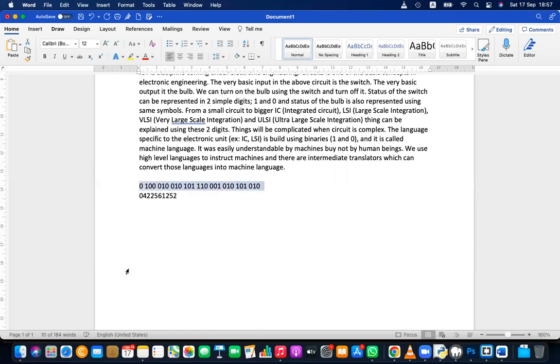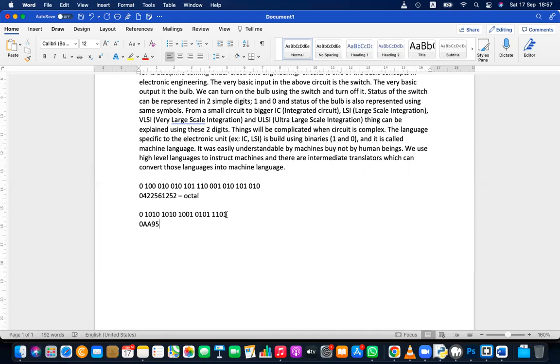This lengthy binary. Actually, how I have done it, there is a system called octal numbers. This is the octal code. Then in the binaries, they are something like this, and you can make it even shorter by writing like this. Then this can be written as 0, A, 9, 5.